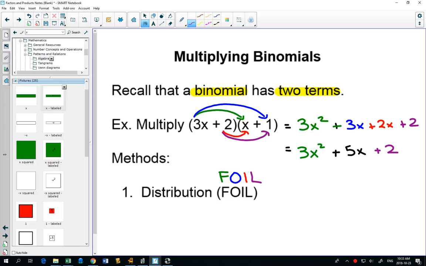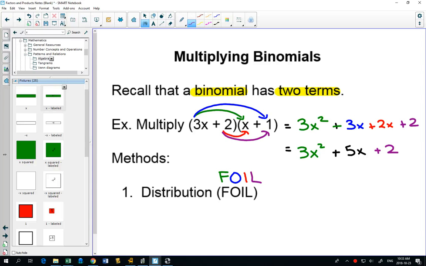And when we write our final answer, it is 3x squared plus 5x plus 2. Why did I write the 5x in black? I applied the like term, so it's kind of like the outside and the inside got combined, right?